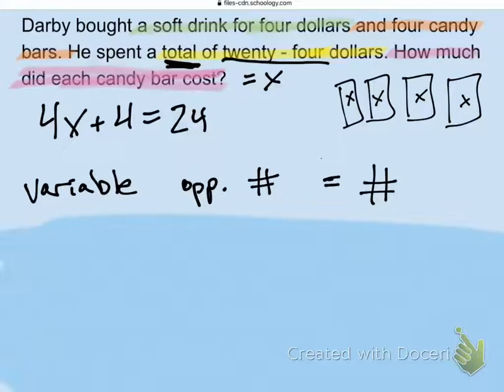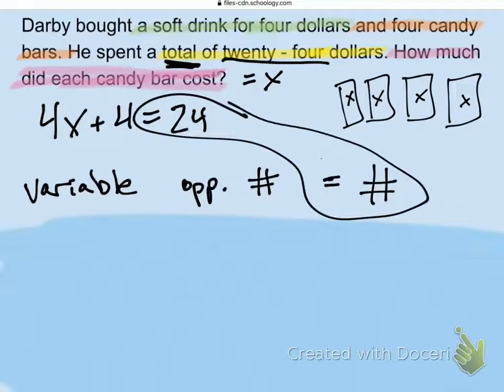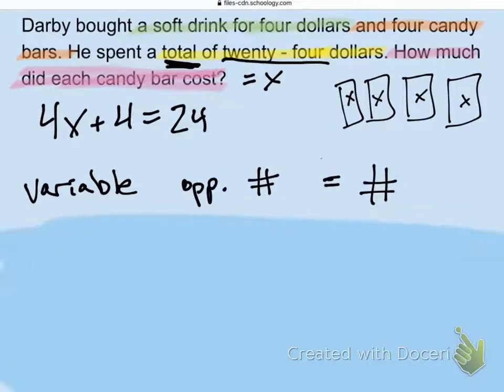You need on one side the variable, operation, and a number, and on the other side, you have a number. That is how you write an equation. Notice how this follows suit: variable, operation, number equals number. So far, we're all there. We followed along. We did that whole thing.